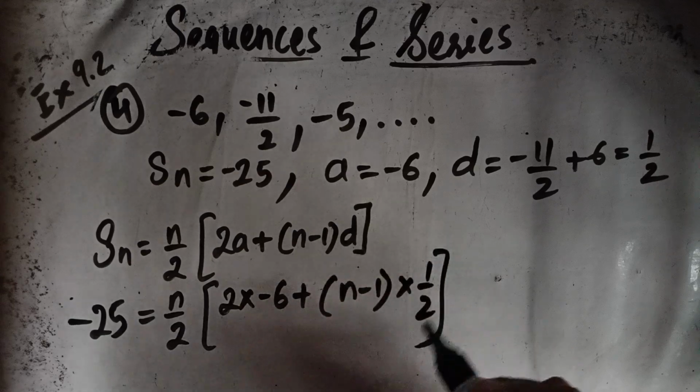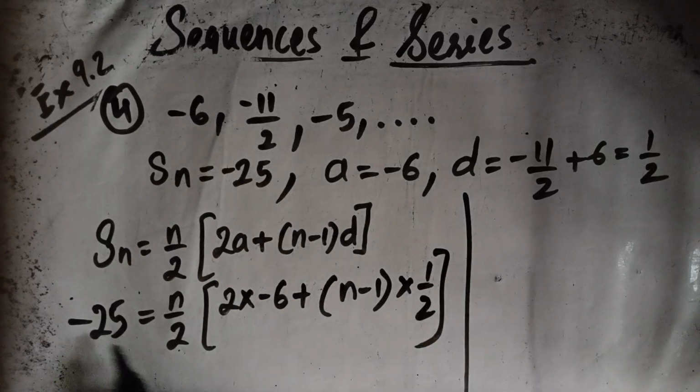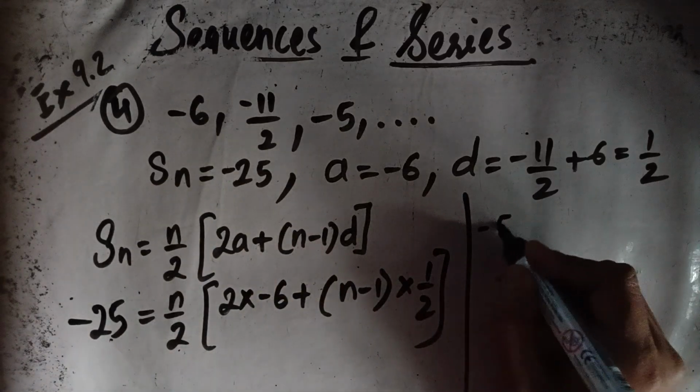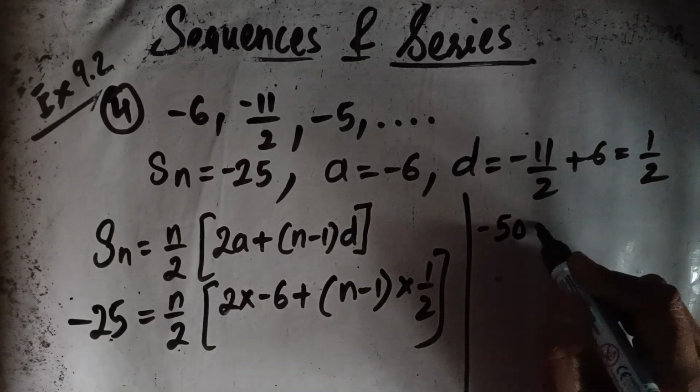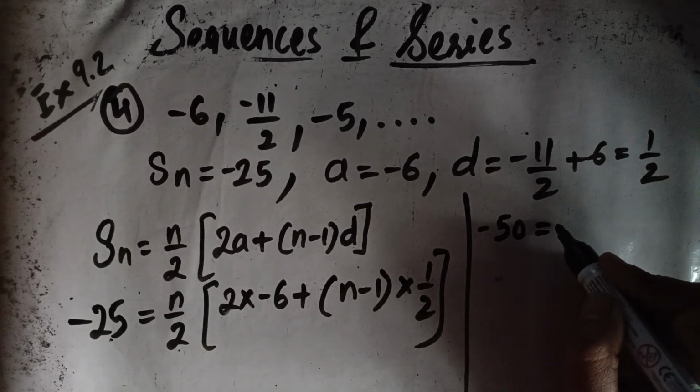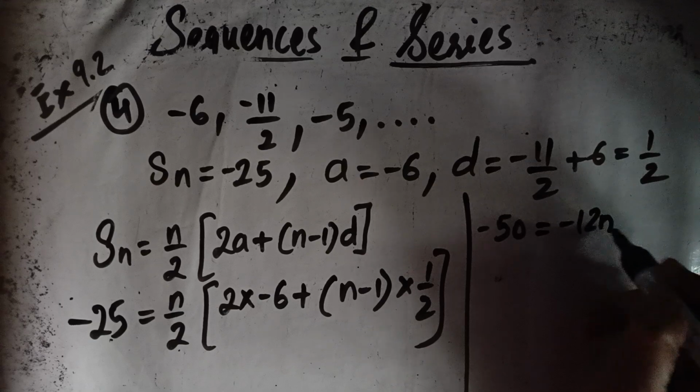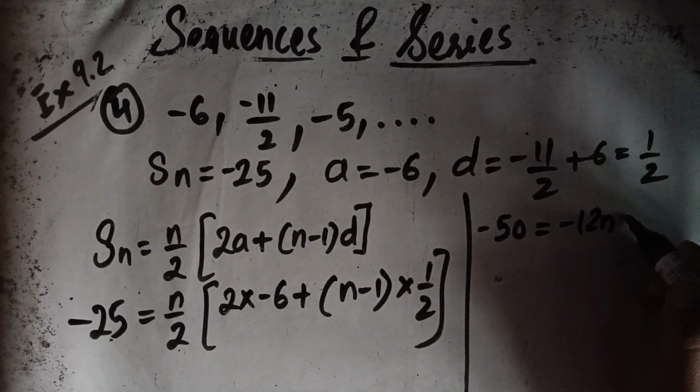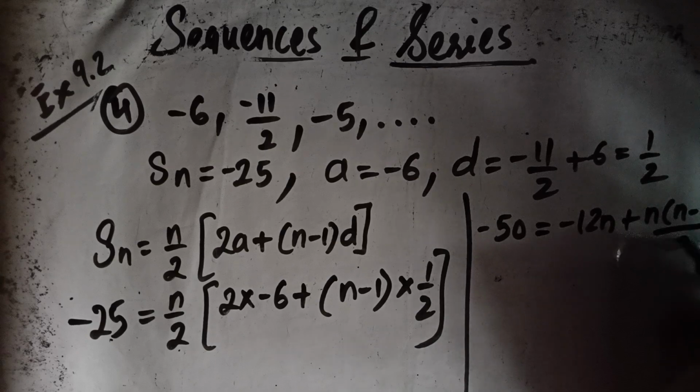It's half. 25 into 2 is minus 50, minus 12n plus n into n minus 1 upon 2.